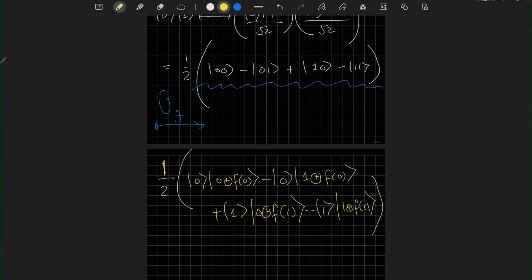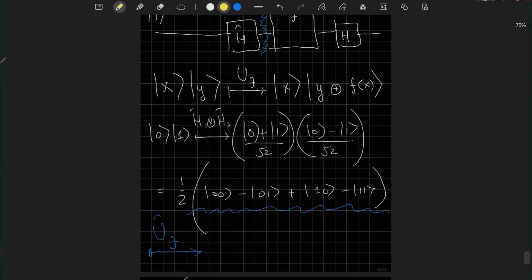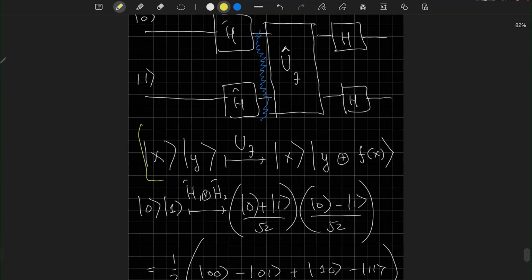Okay, I just implemented this function over here. What this function does is nothing to the first qubit. The second qubit is what's in the second qubit, exclusive OR with the application of the function on the first qubit state. Like a control NOT gate.